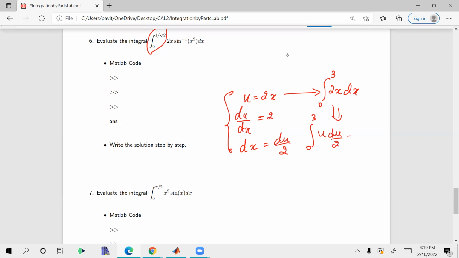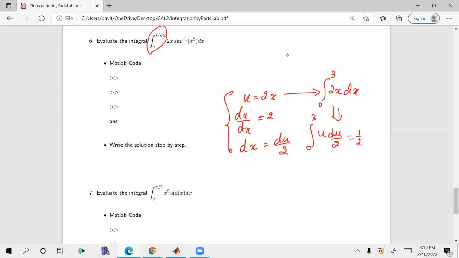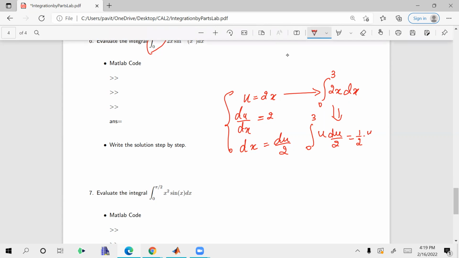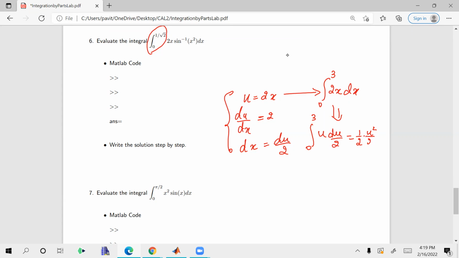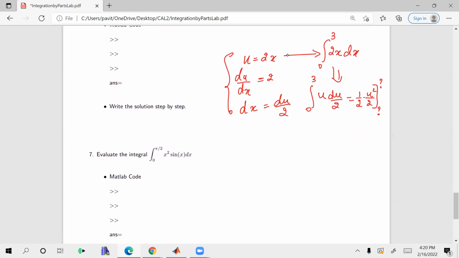So you keep the constant outside, and the integration of u to the power of 1 will be u square by 2, under the limits from what to what? You are not going to put 0 to 3, the same thing. No, you should not do that. When you use u substitution, the limits will change.